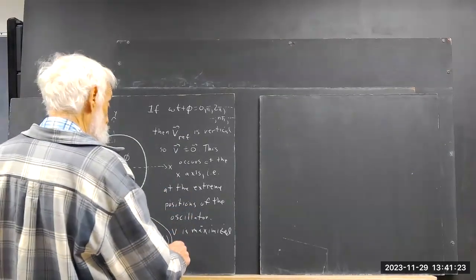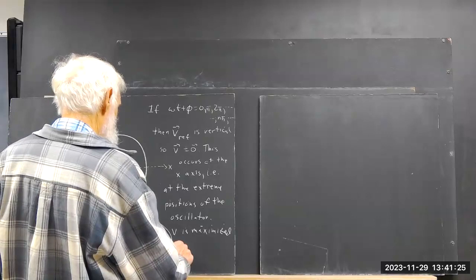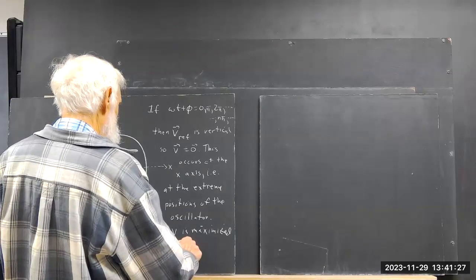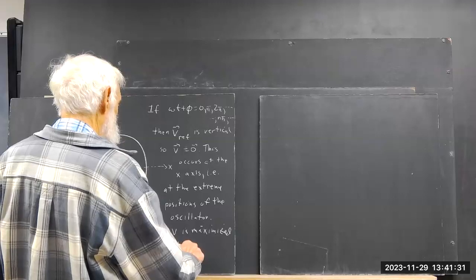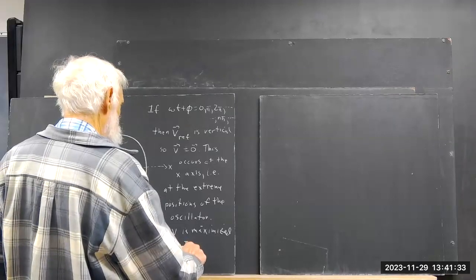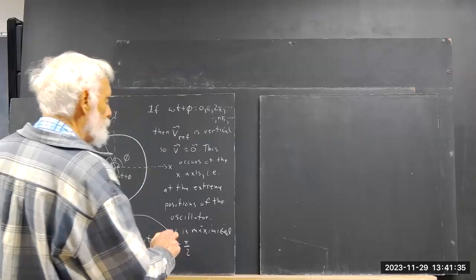V is maximized, and V is the magnitude of the velocity.